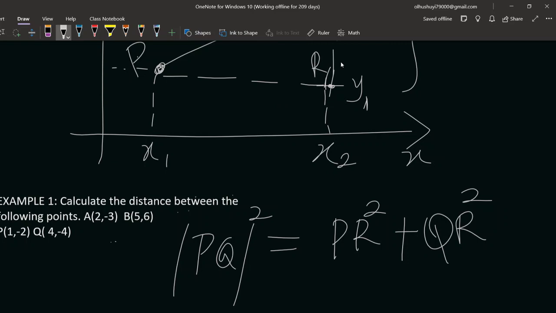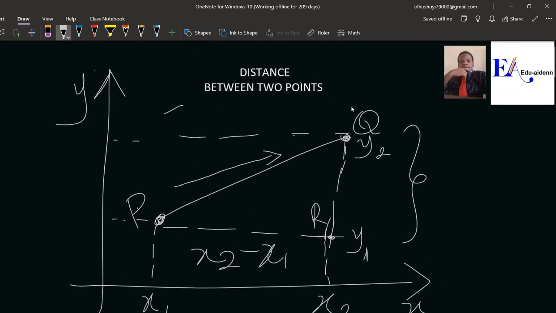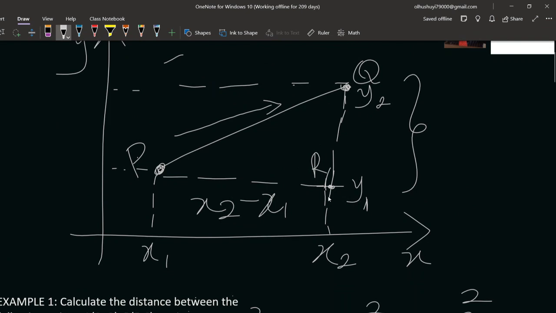PR is the distance between P and R, right? And that should be x2 minus x1. The same thing for this: the distance QR should be y2 minus y1.